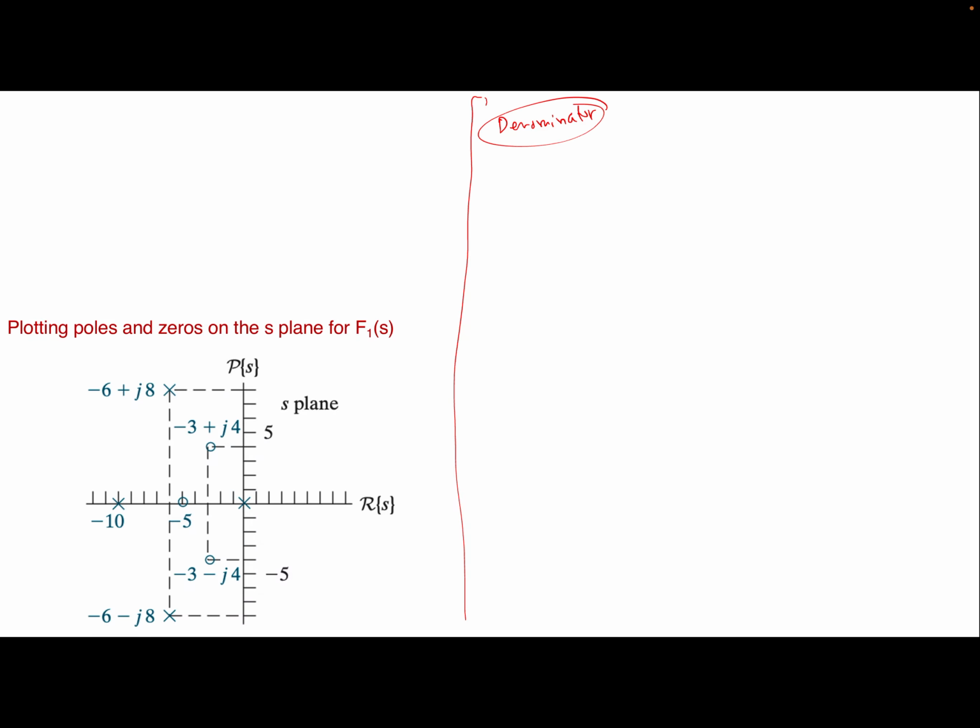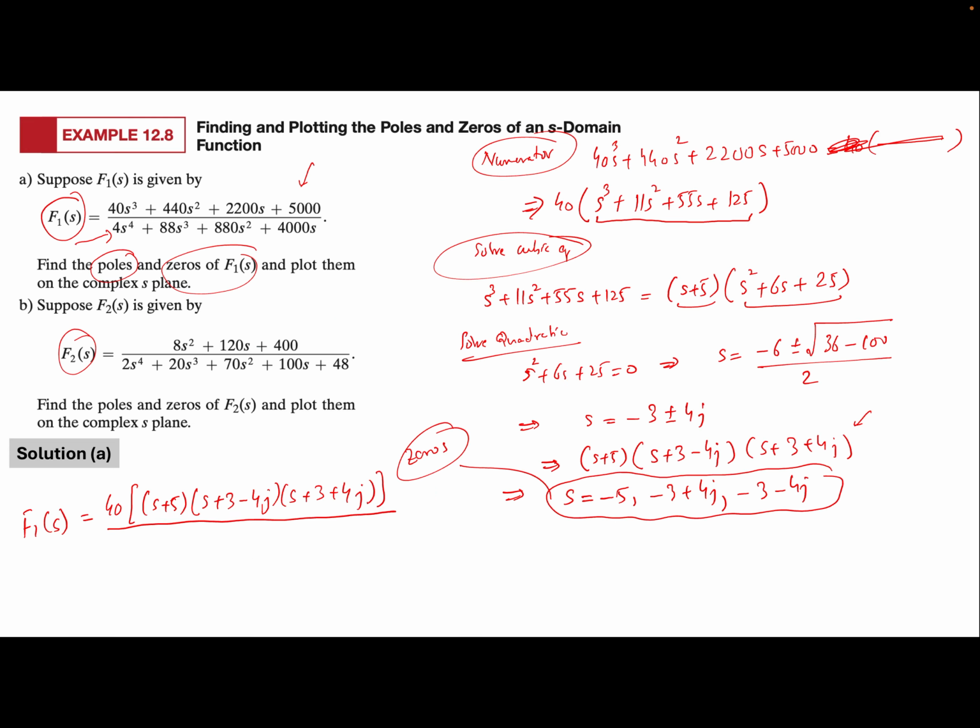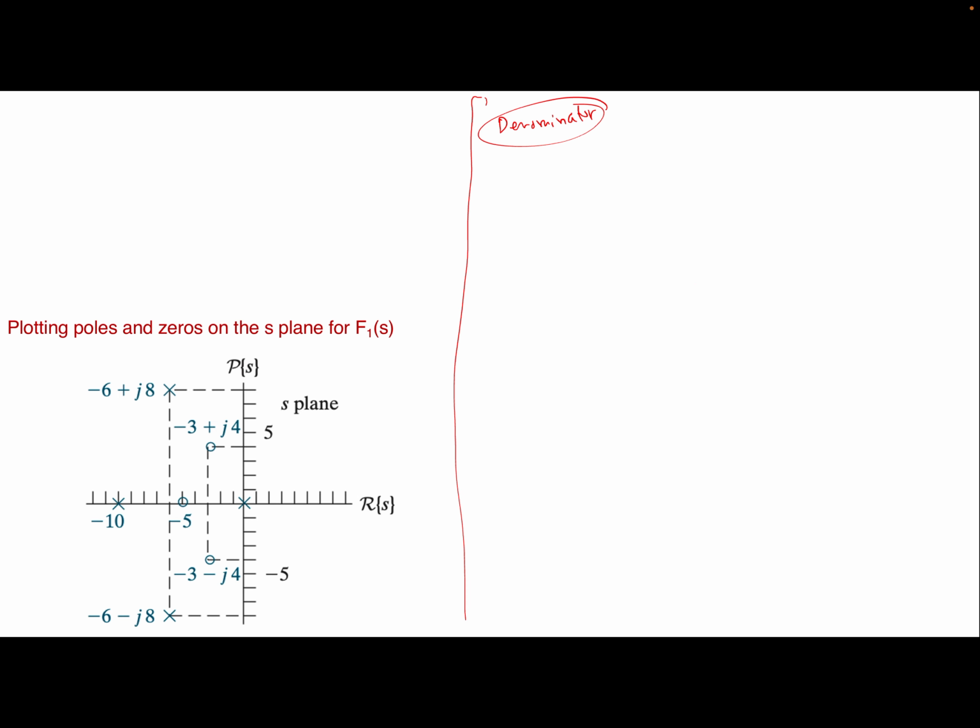I'm going to take 4 out first, so this is 4 times (s to the fourth plus 88s cubed plus 880s squared plus 4000s), and you can imagine it to be equal to 0.